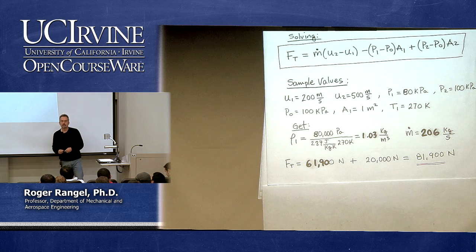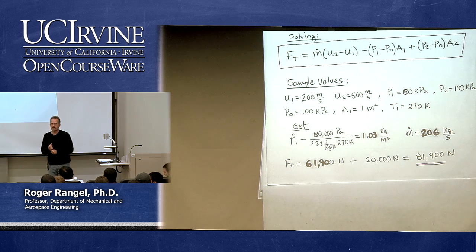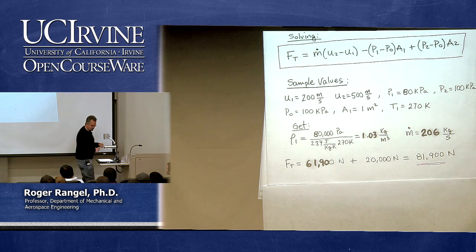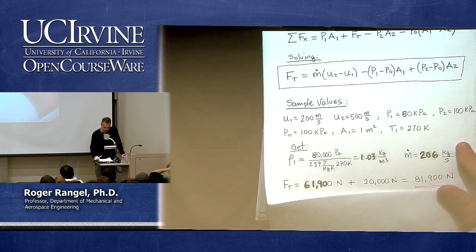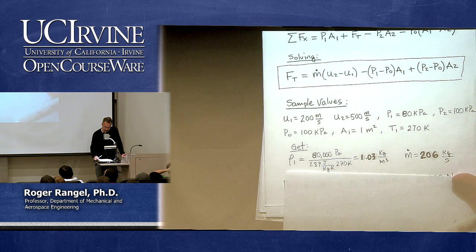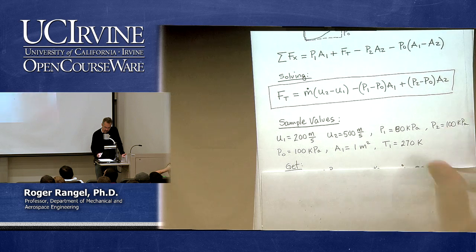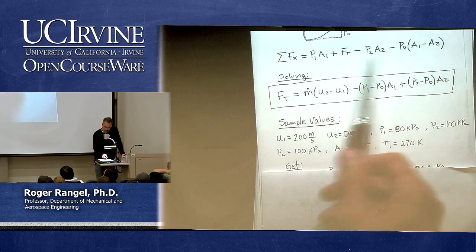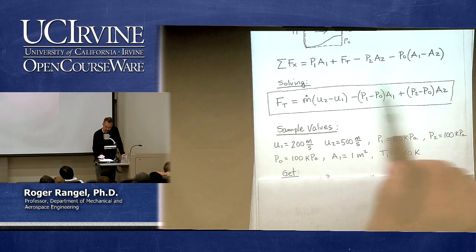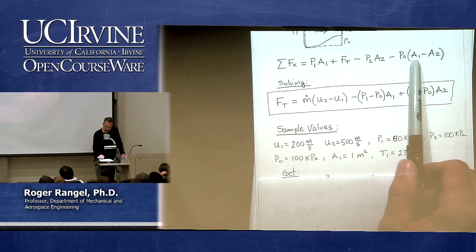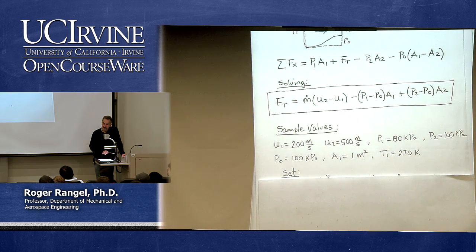Any other questions? Yes? Are we able to use gauge pressure so that P naught goes to 0? Well, in fact, you can rearrange this in terms of gauge pressure, because if you combine these A's, you get P1 minus P naught times A1, right?